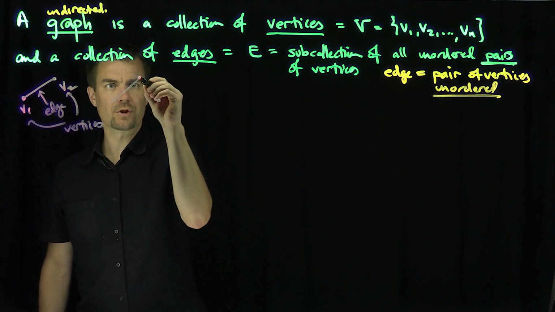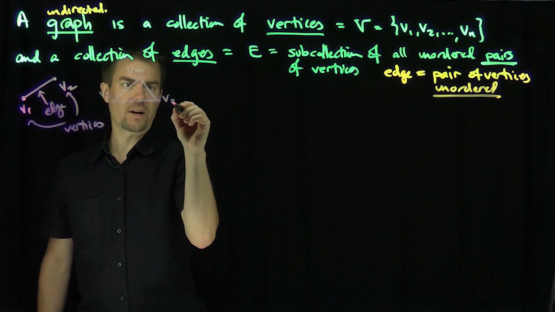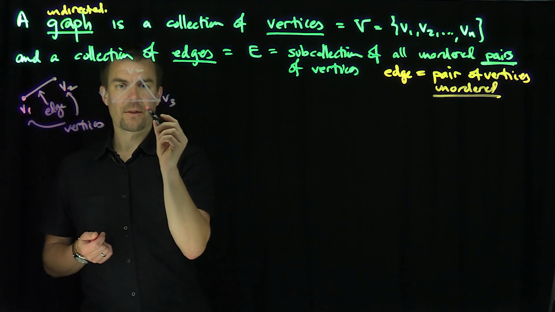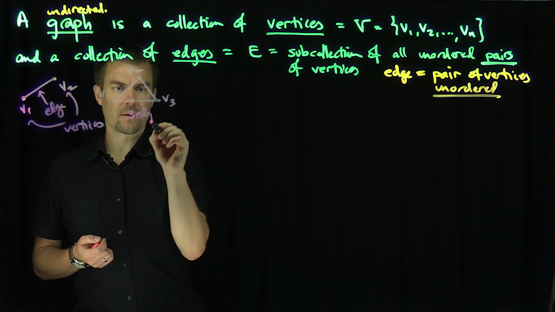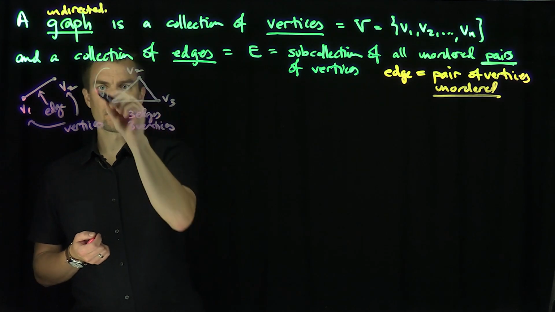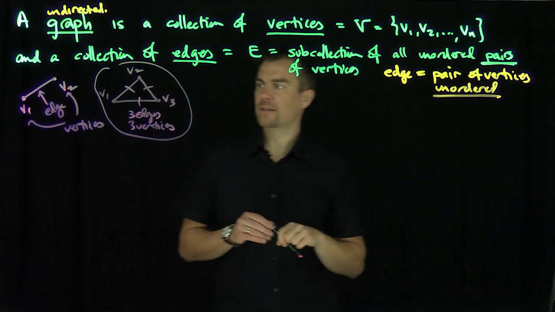Here's one of my favorite ones, just a triangle, right? That's a V1, that's a V2, and that's V3. That's a triangle, so I have three edges and three vertices over here. So I have edge, edge, edge, right? So three edges in that example.